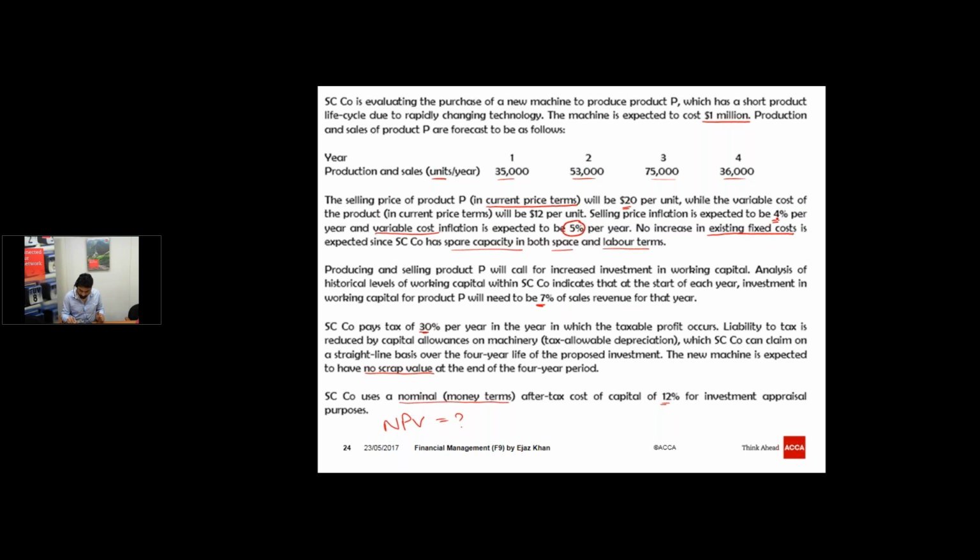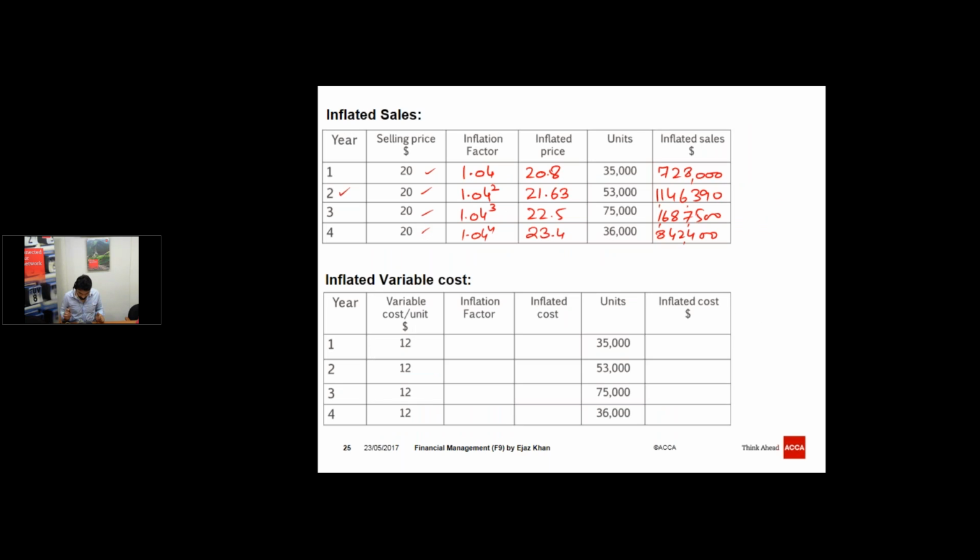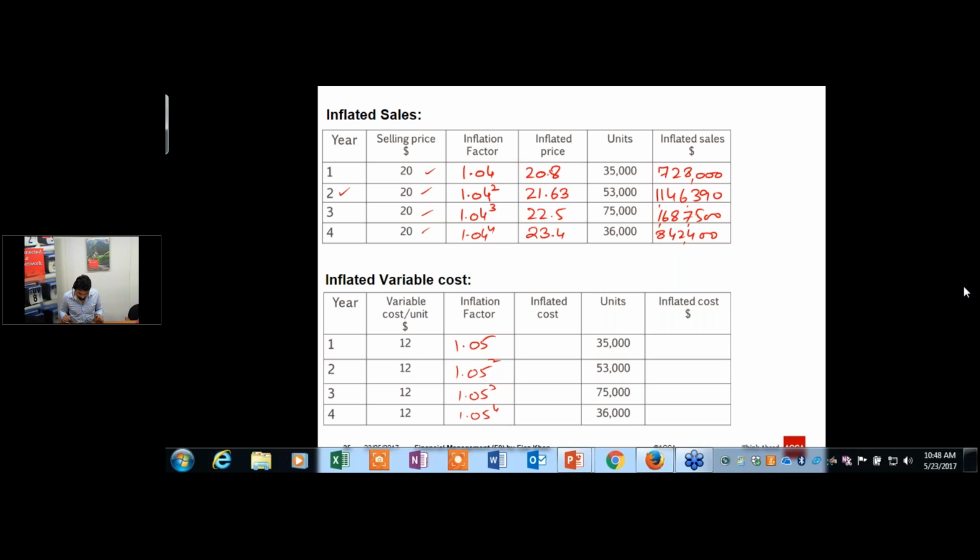So the selling price was increasing by 4%, and the variable cost inflation is expected to be 5%. So we'll repeat our calculation, but this time we'll use 5%. The inflation factor here will be 1.05, 1.05 raised to the power 2, 1.05 raised to the power 3, 1.05 raised to the power 4. So just multiply and calculate these figures for me.